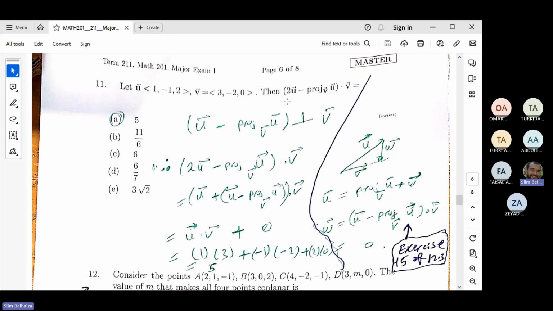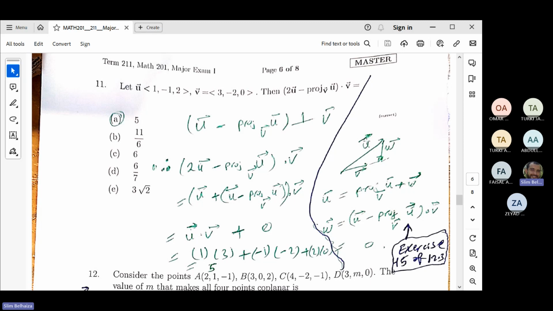Now there are 2 ways to do it. If you go by brute force, or you can save some time if you know some properties. Here they know some properties. So they said, look, whatever happens, u minus projection of u onto v.